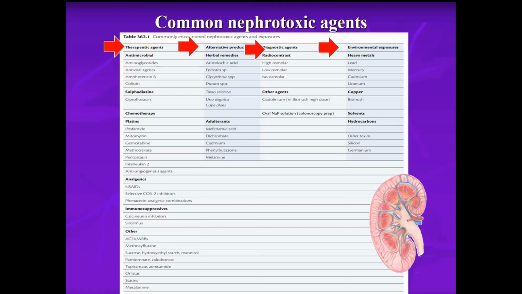In nephrology, your immunosuppressives such as calcineurin inhibitors and sirolimus. Of course, over-the-counter medication can also cause toxicity, and more often than not, your COX inhibitors are obtained over the counter.